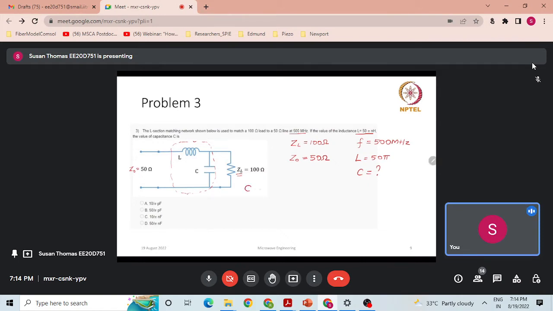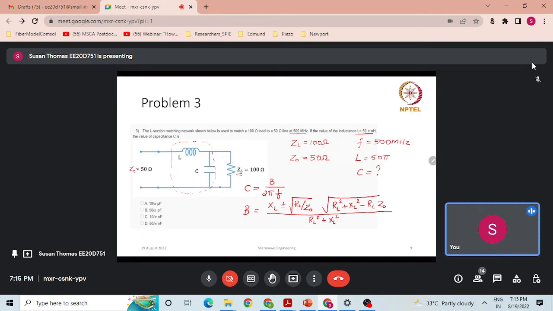If you could remember, C is equal to B by 2 pi F, where B is equal to XL plus or minus root of RL by Z naught into the square root of RL square plus XL square minus RL into Z naught, all divided by RL square plus XL square.